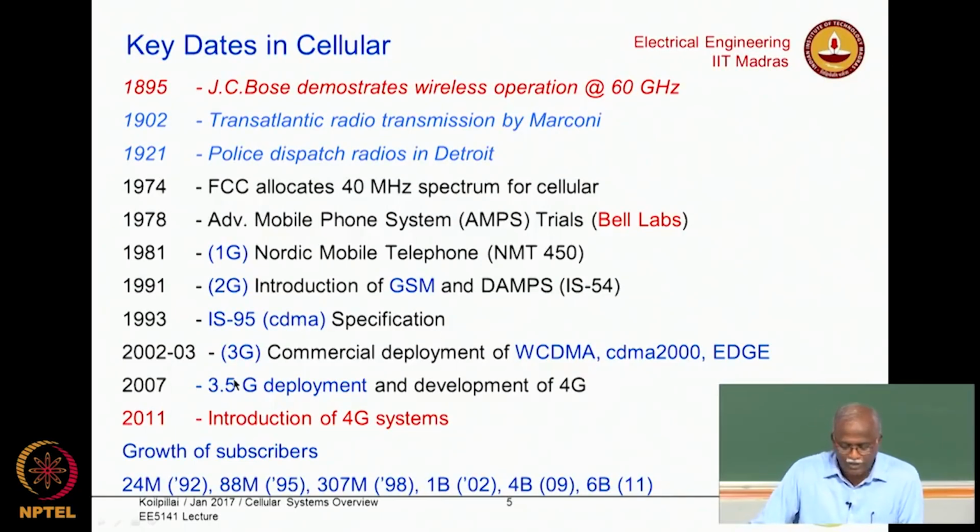And while we had not yet even deployed 3G, the world already went on to introduce 4G, and now India is deploying 4G very aggressively. We are also participating in the 5G discussions. The last line tells you how steep the market of cellular systems has grown.